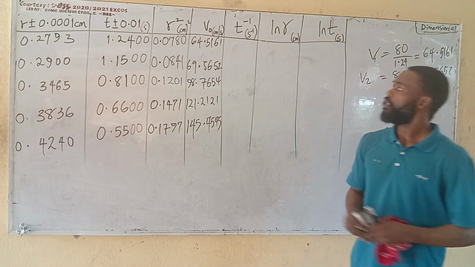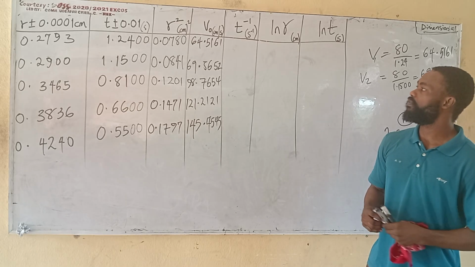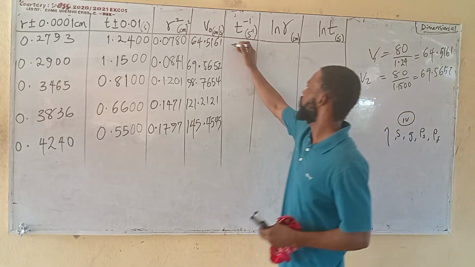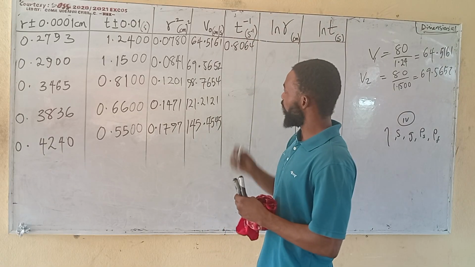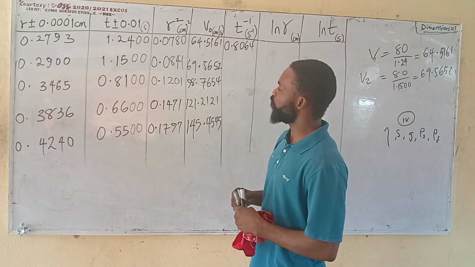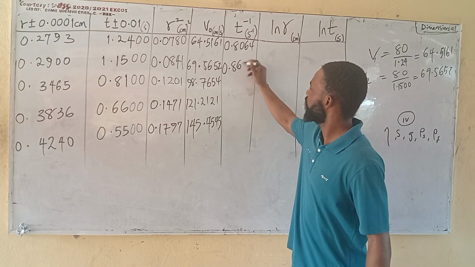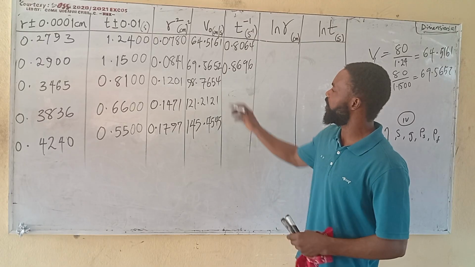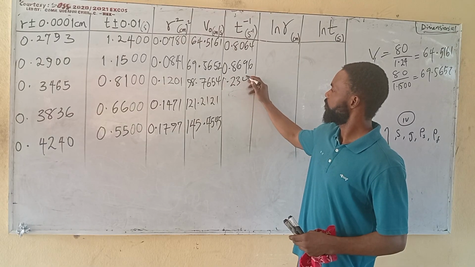Okay, so inverse of your time, that is 1 over 1.2. What do you have? 0.8064. 1 over 1.1500, do fast. 0.8696. 1 over 0.8100. 1.234.